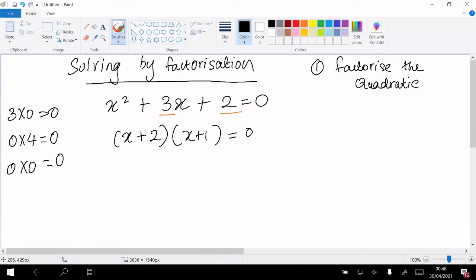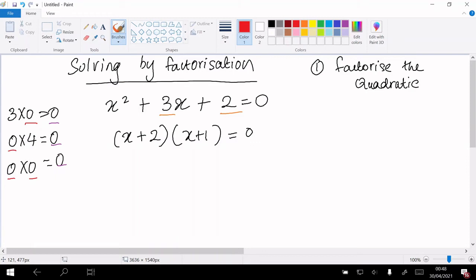So what is special about this case? What's special about this case is that to get an answer of 0, it means at least one of the terms must be 0. So at least one of the two multiplying numbers needs to be 0.